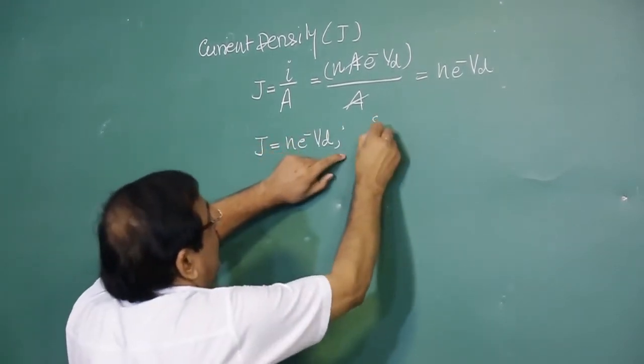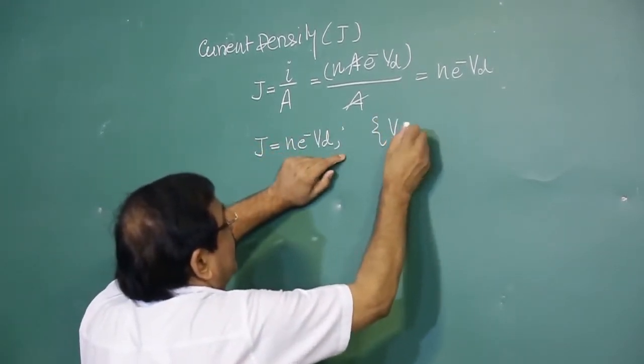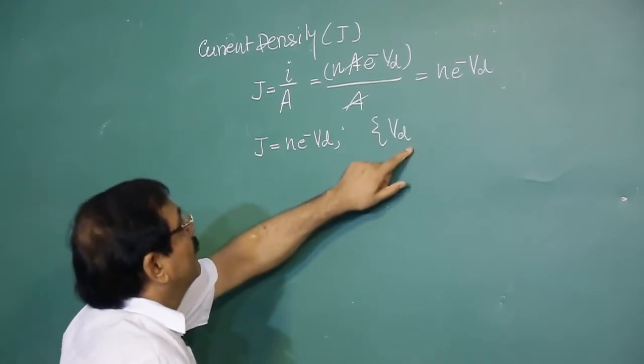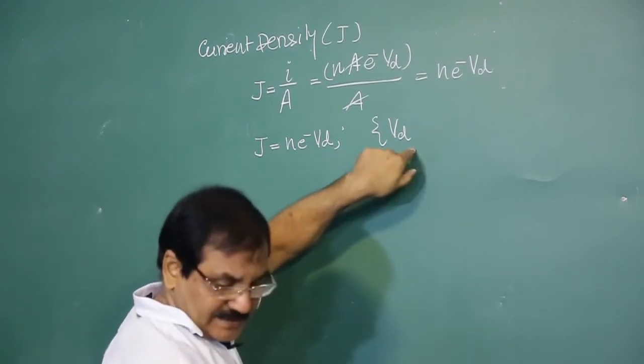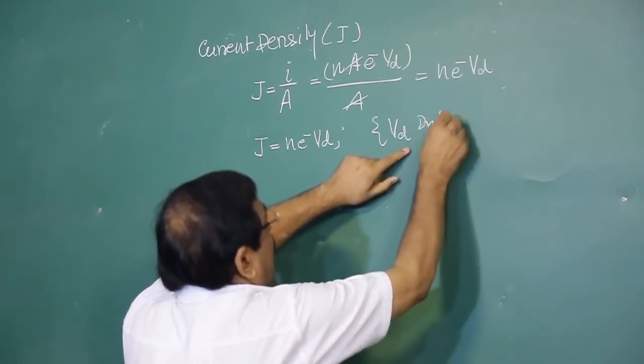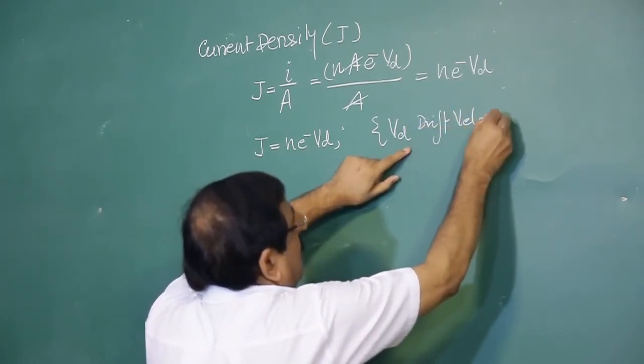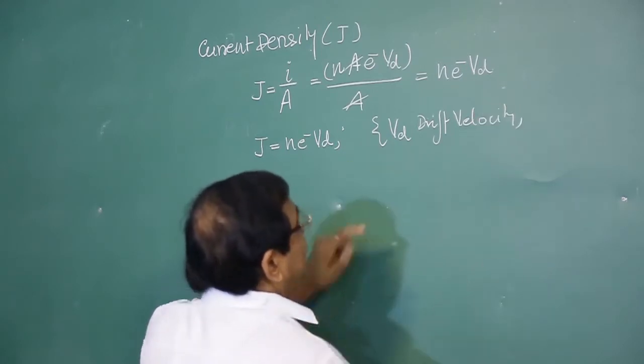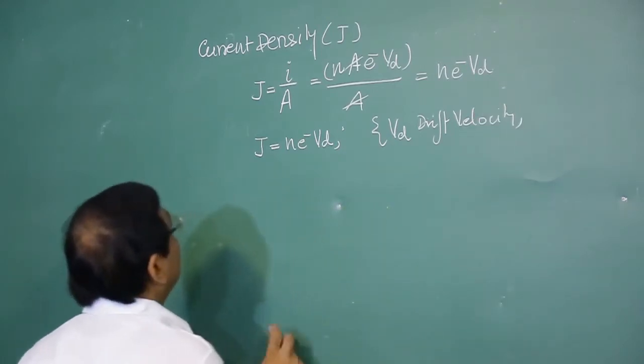This V D is the drift velocity, which can be expressed in terms of mobility.